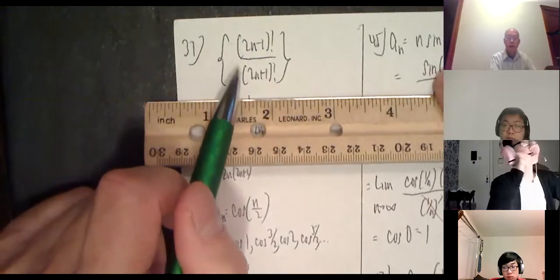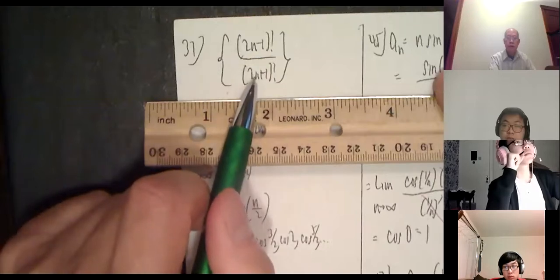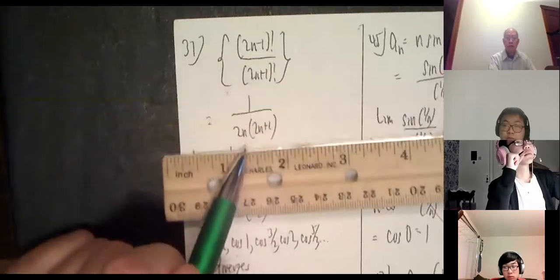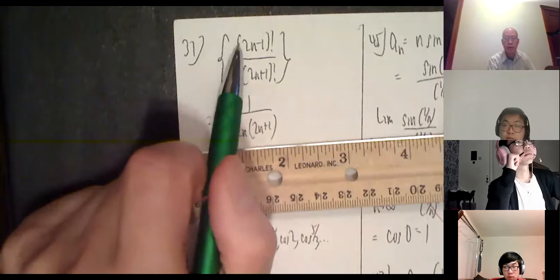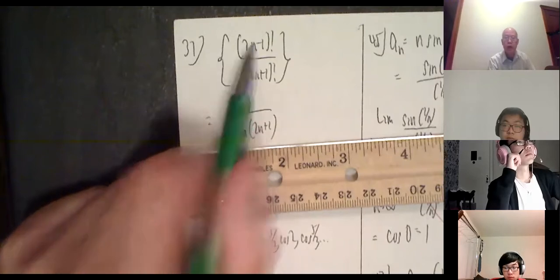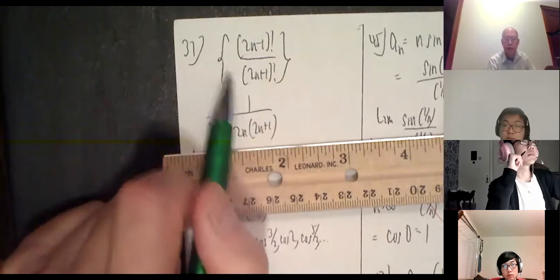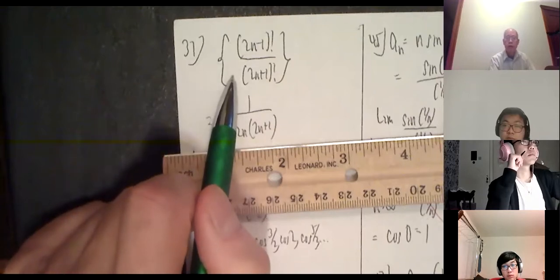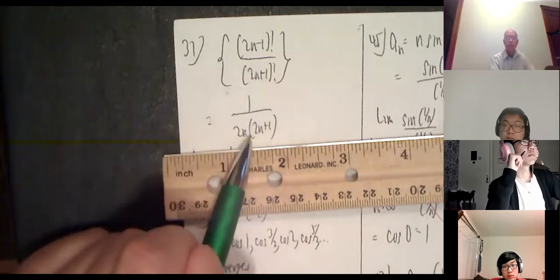What does the bottom have that the top doesn't have? 2n and 2n plus 1. Because this is 1 times 2 times 3 times dot, dot, dot, 2n minus 1. The bottom also has 1 times 2 times 3 times dot, dot, dot, 2n minus 1. And then the next one is 2n. And the next one is 2n plus 1.